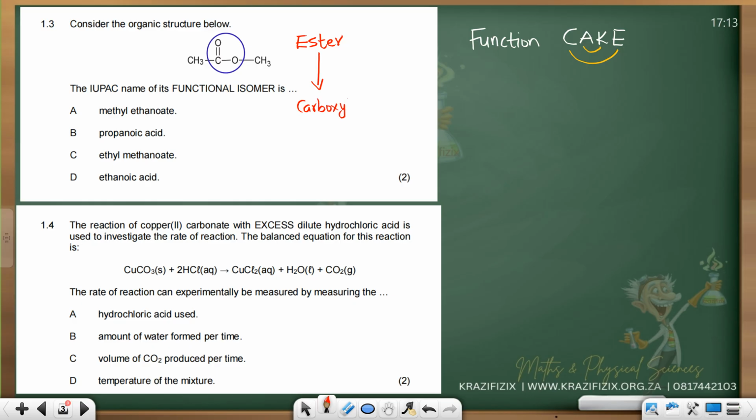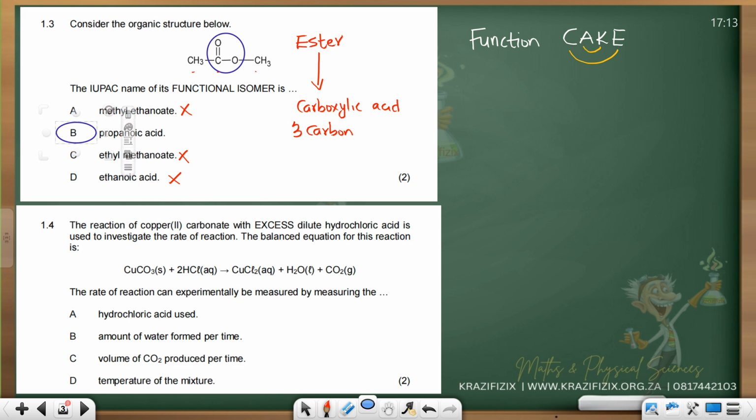A carboxylic acid. Automatically. Now, how many carbon atoms do I have? 3. 3 carbon atoms. A carboxylic acid with 3 carbon atoms. My answer is propanoic acid.